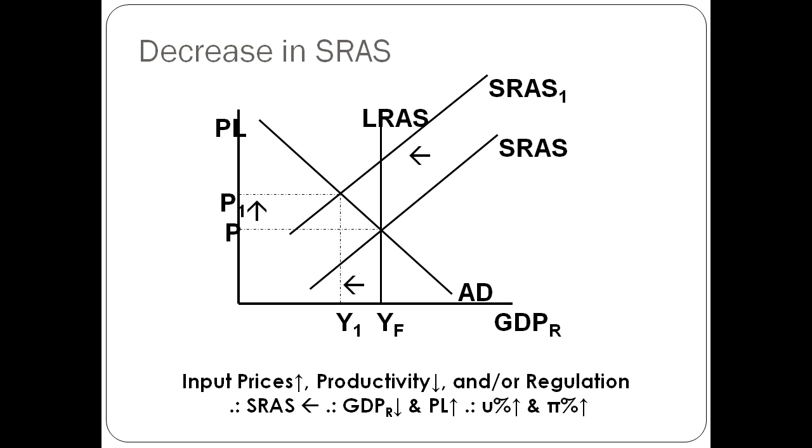And so when the short-run aggregate supply curve shifts to the left from full employment output, you have what's called a supply shock. And whenever you have a supply shock, that is going to lead to stagflation, where the unemployment rate is going to be going up and the inflation rate is going to be going up.